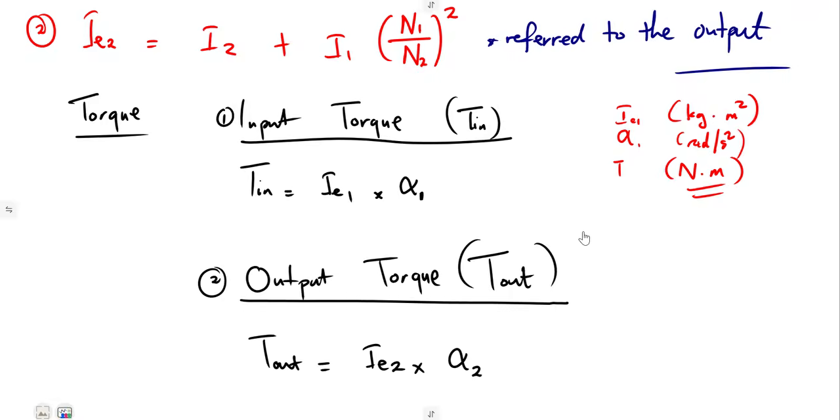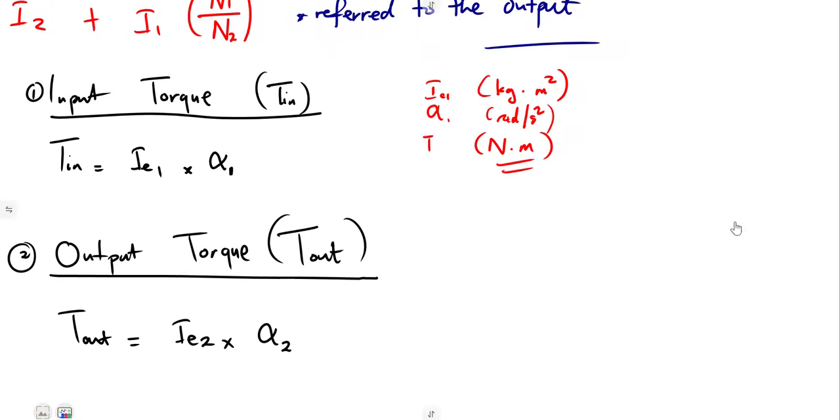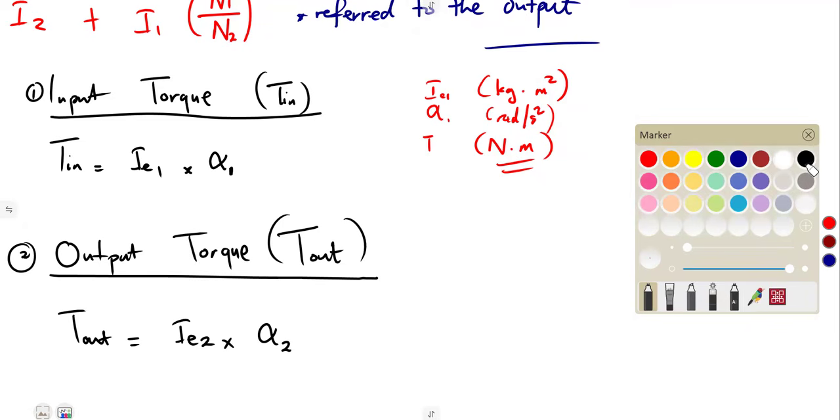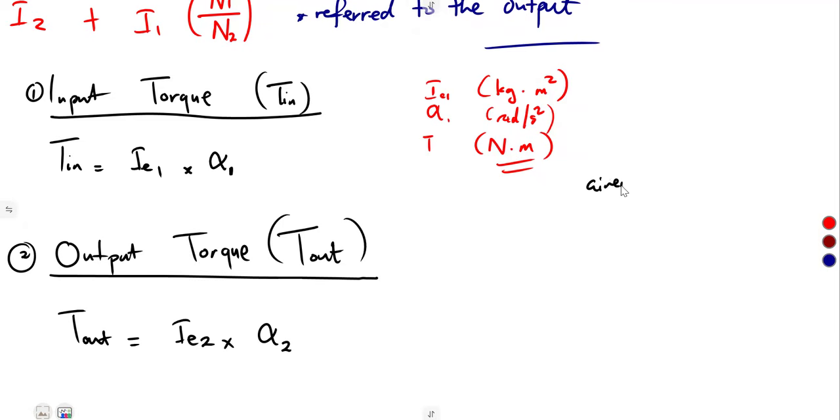So given omega, angular acceleration 1, in rad per second, you're given this. You do not have alpha 2. You do not have this one.